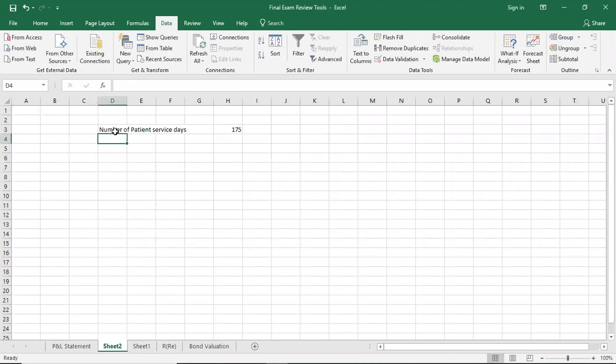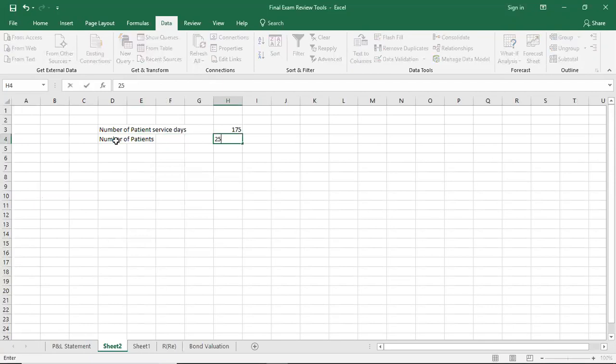You're going to utilize 175 patient service days for every 2,500 patients. And then it will tell you that the cost per patient day is going to be, let's say, $80.